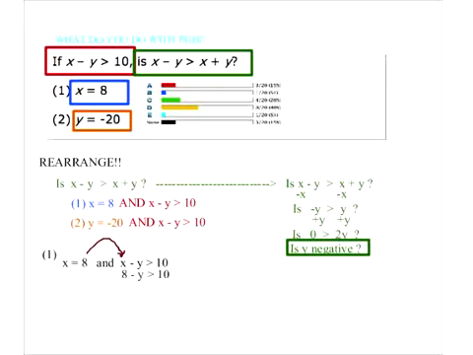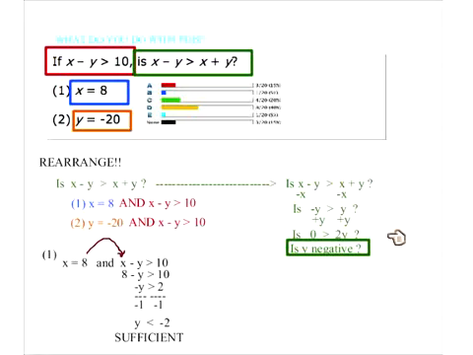That means you can take 8 away and you get negative y is greater than 2. You can divide this by negative 1, and the inequality sign flips around, so you have y is less than negative 2. So this is sufficient, because if y is less than negative 2, then y is definitely negative.